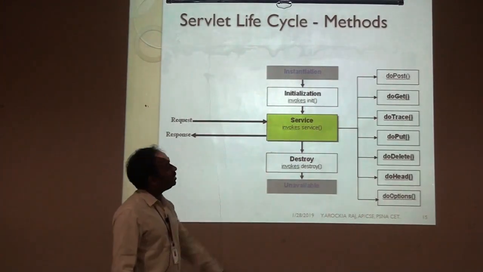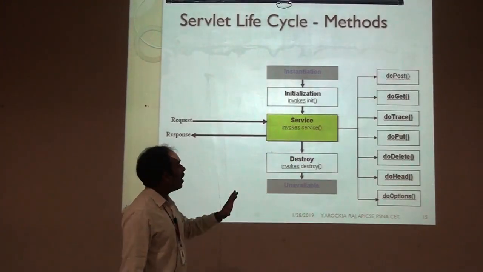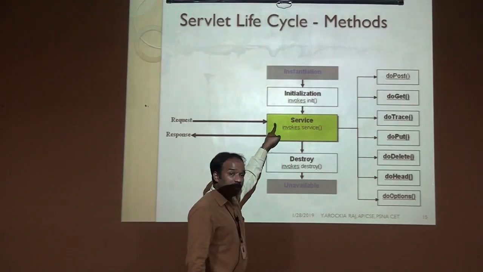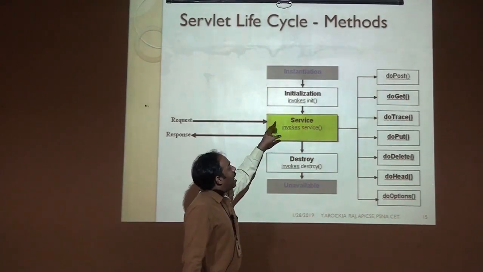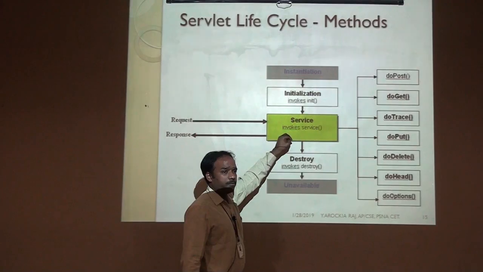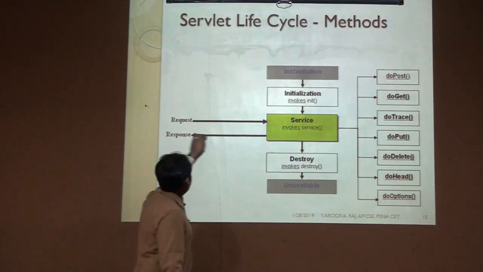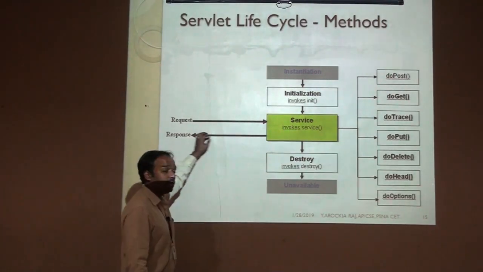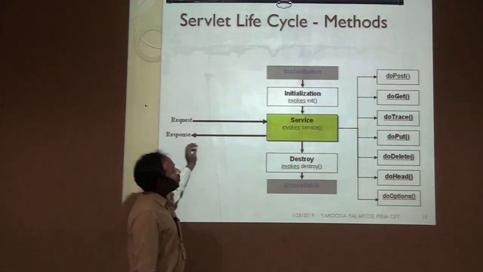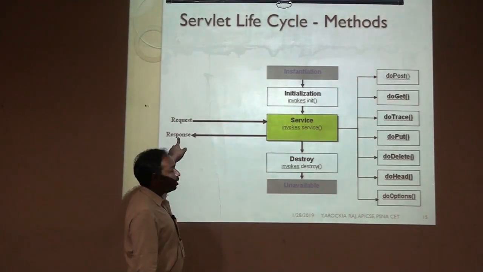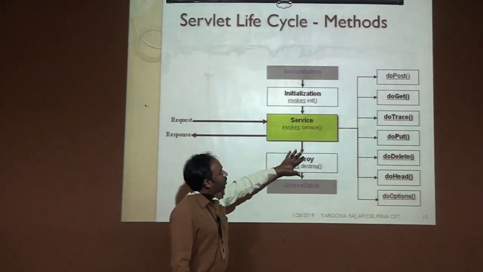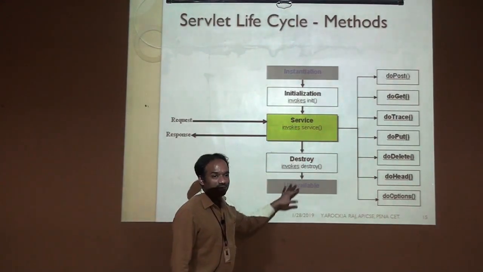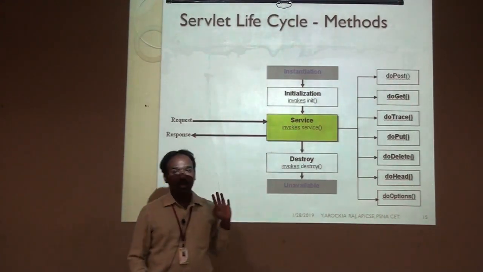So we have this many methods to handle the request we received from the client side. After creating the response, the response will be sent to the client side, right. After sending the response, the particular object will be destroyed and then the connection will be deleted.